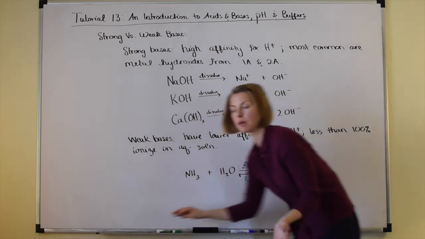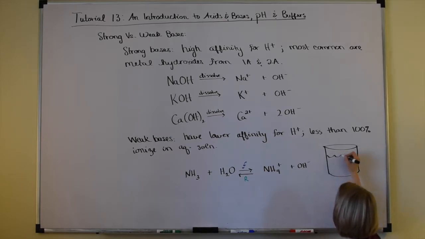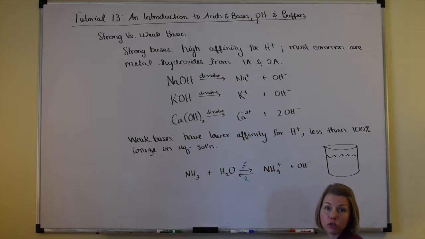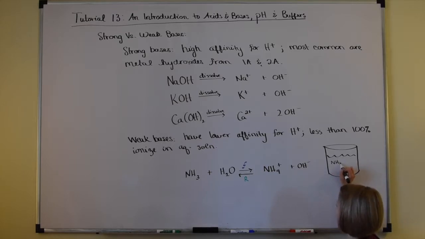And at equilibrium, you're going to have reactant and product present in that solution. Very similar to the weak acids that we just talked about, but of course the weak acids made hydronium ions, not hydroxide anions. So over here I'm going to write that you have NH3 and of course water, because it's an aqueous solution, so I'm not going to write that, and ammonium and hydroxide. You're going to have all of these things in that solution.